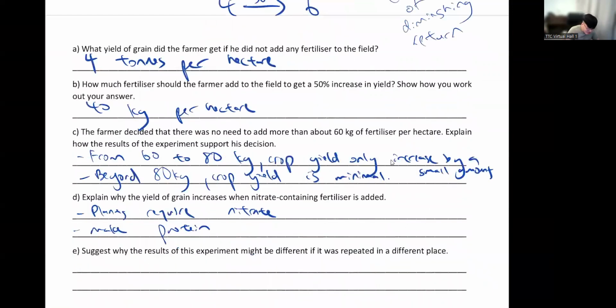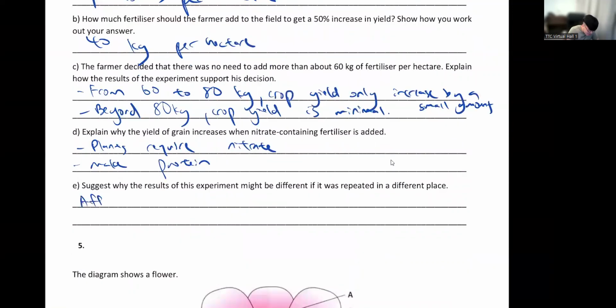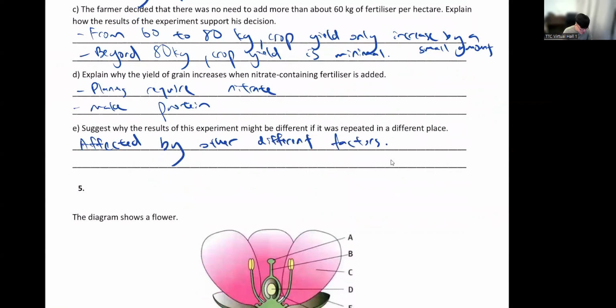Anything, all right? Because now it is affected by other different factors. So now things are very different, right? Just because you can get this graph in this place doesn't mean you can repeat the same result somewhere else. Okay, I hope you know what I mean.